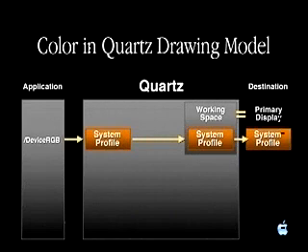Here is an example of Quartz color management usage. An application creates contents in the device RGB color space. After being rendered, that content should be displayed on the primary monitor without any color conversions.